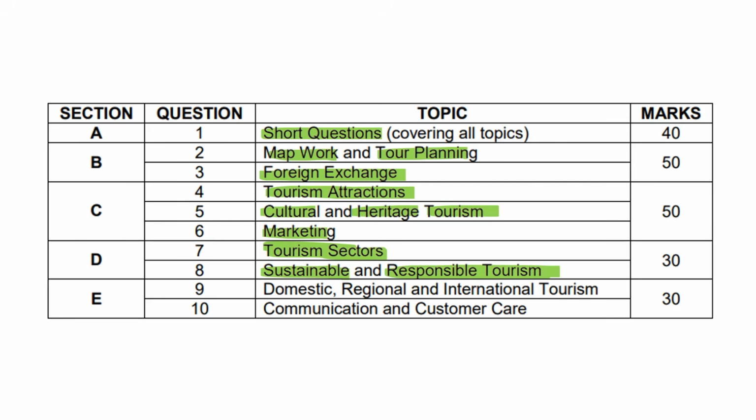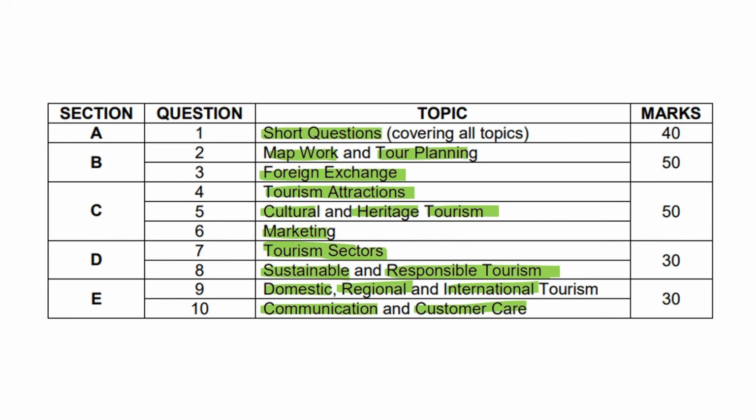Feel free to check it out. So that's domestic, regional, and international tourism. And question 10 is communication and customer care. So with question 10, you can expect questions here on methods to obtain customer feedback and to measure customer satisfaction. This is a very, very small question, is question 10. And that's pretty much everything that's going to be in your paper.